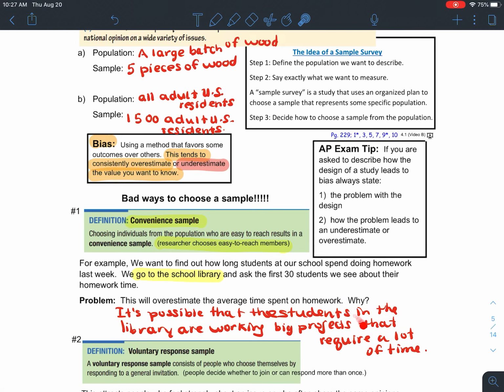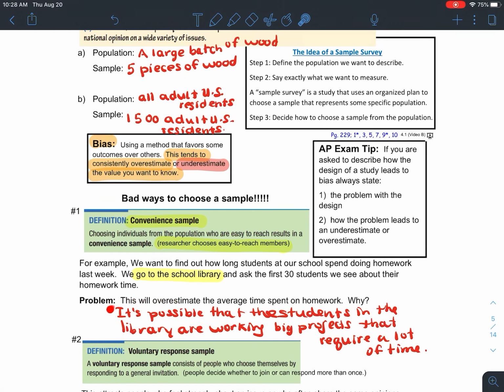Now, this is just one possibility. The thing that you're going to find in AP Stats is as long as you can come up with a good reason and support that reason, there's lots of different answers. Someone might be thinking, well, look, someone who's going to go to the library maybe after school and work on their homework might be someone that's a little bit more studious than a person who feels like I'm just going to leave it in my locker and I'm not going to do that homework.